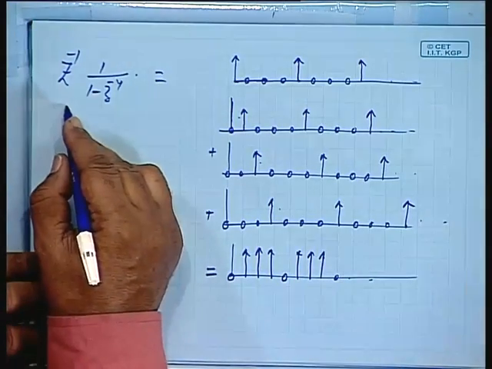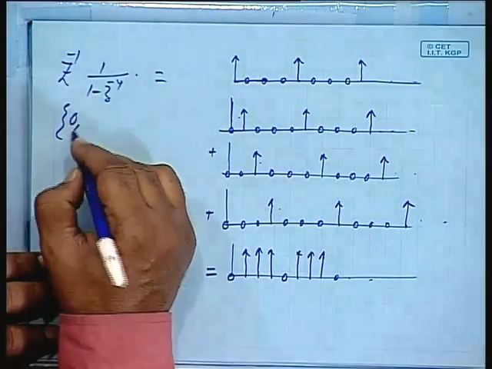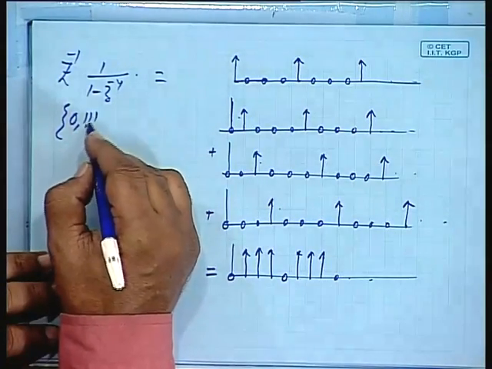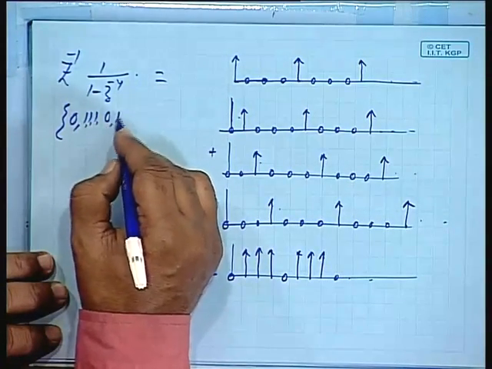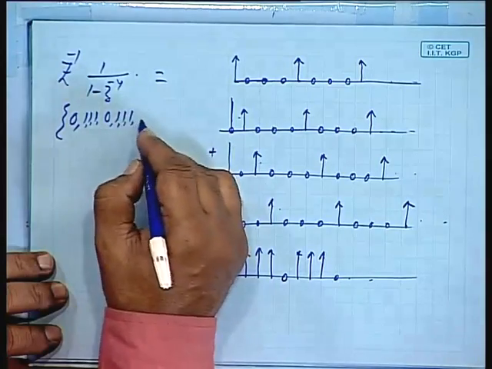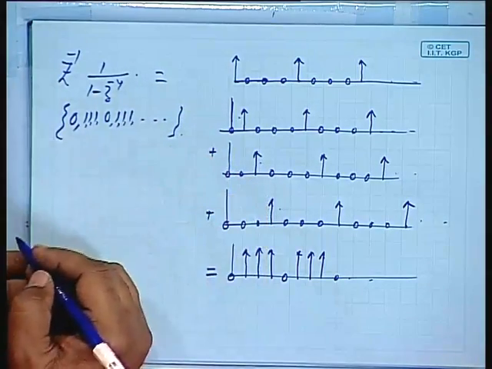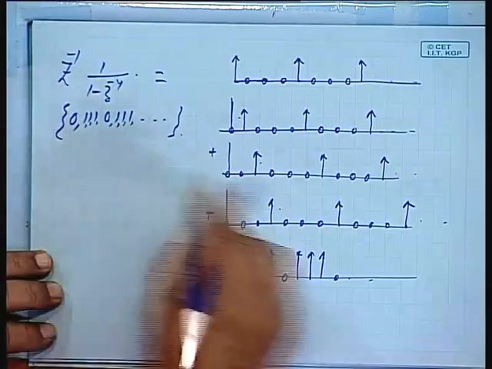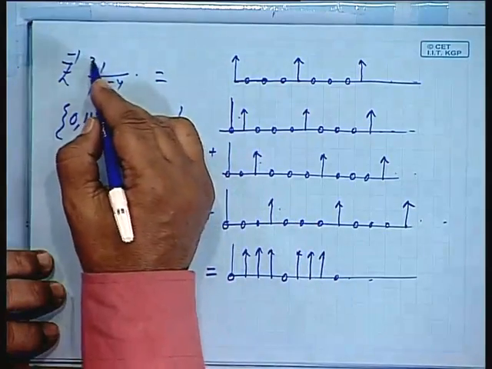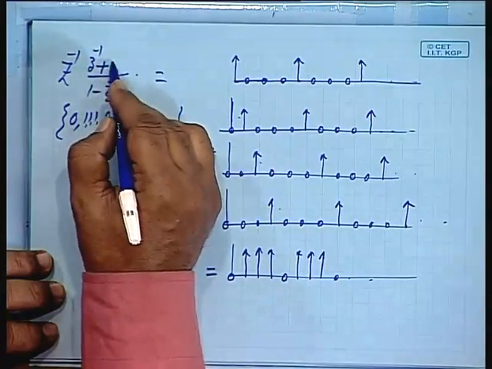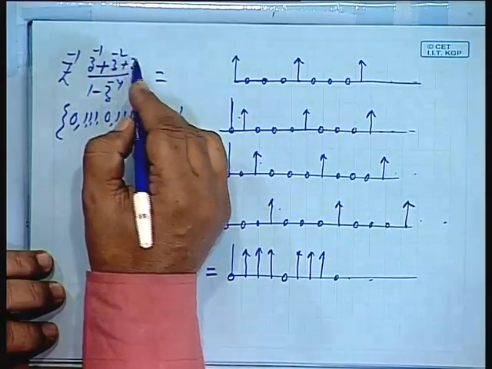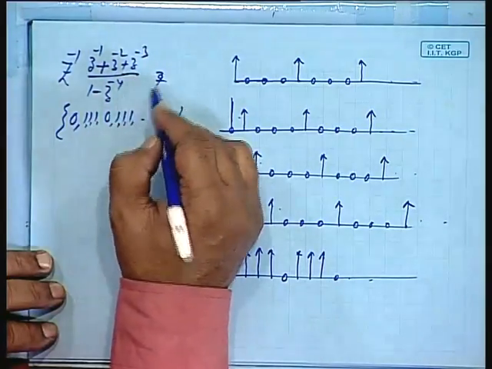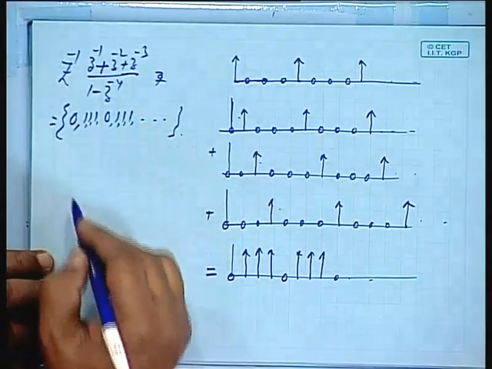If I am permitted to write in terms of the sequence 0 1 1 1, then again 0 1 1 1 and so on, that will be the inverse of the original one, that is z inverse plus z to the power minus 2 plus z to the power minus 3. Okay. So, this will be the sequence.